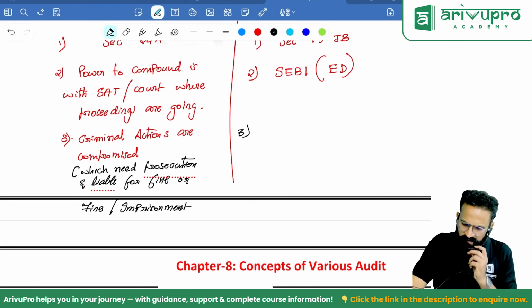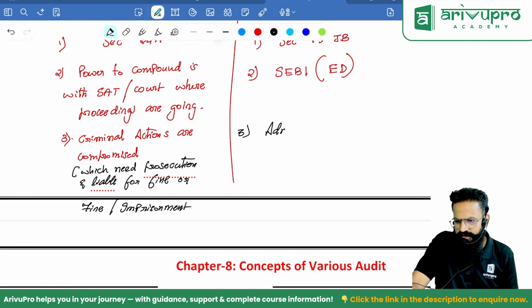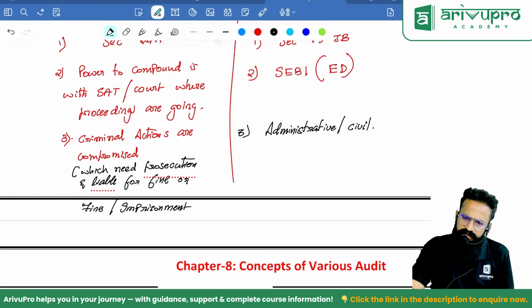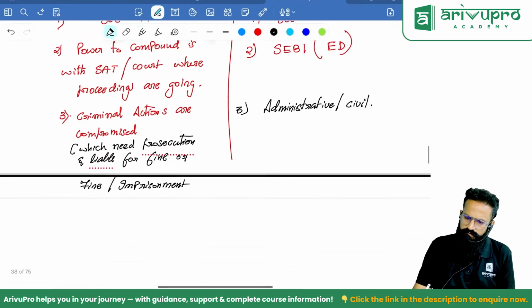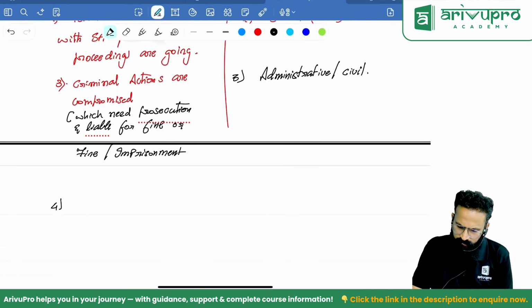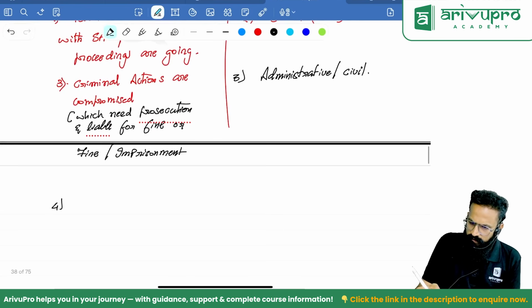Whereas in this case, it is only administrative or civil. Administrative or civil. Administrative or civil.